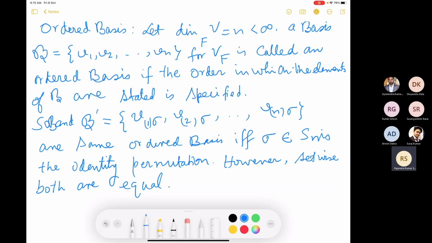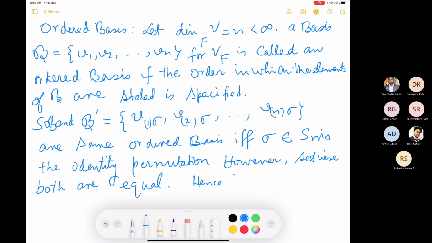So henceforth we shall specify the order also of the basis vectors. And if we consider T as a linear transformation on such a vector space, then the matrix of T with respect to an ordered basis B will be denoted by TB.